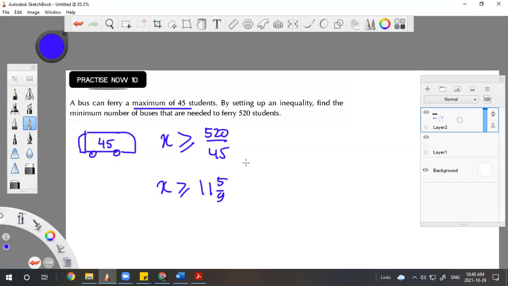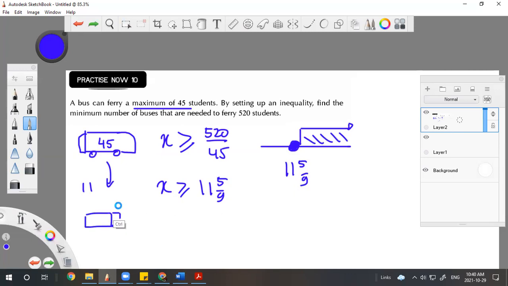If you want to draw the number line, fill in 11 5/9, and x is more, right? The number of buses is supposed to be more. Is 11 5/9 allowed? Eleven perfect buses and one bus cut off? Of course not, it must be 12.